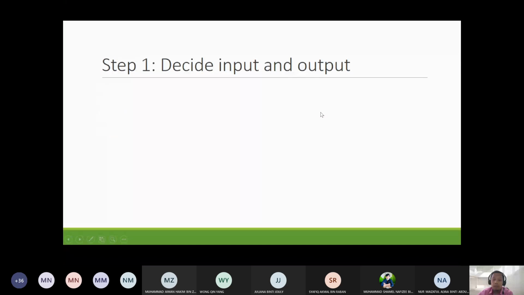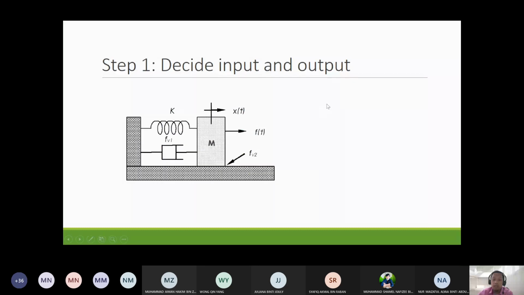Step 1 is to decide the input and output. This is the figure for the single degree of freedom system just now. The input is the force. When we apply the force, the mass will move. If we don't apply any force, which is the input, then the mass will stay and doesn't move.